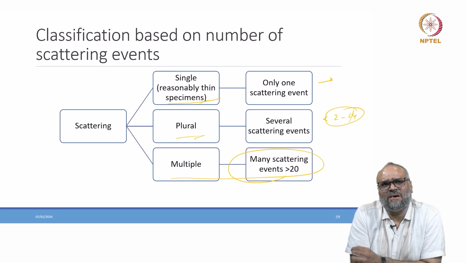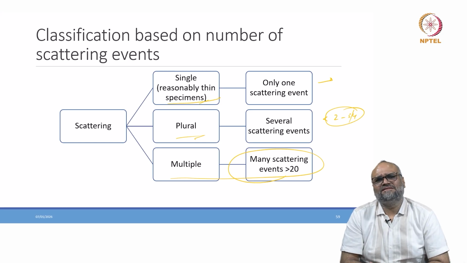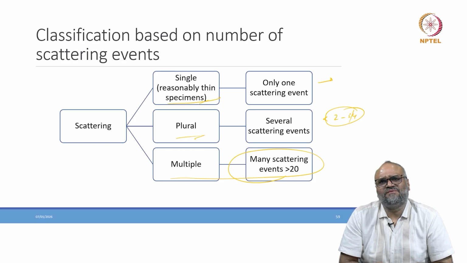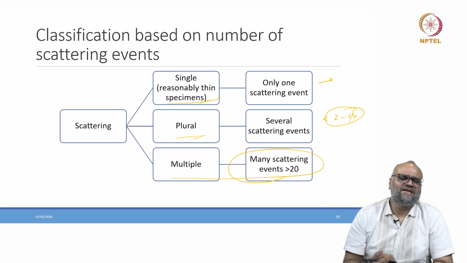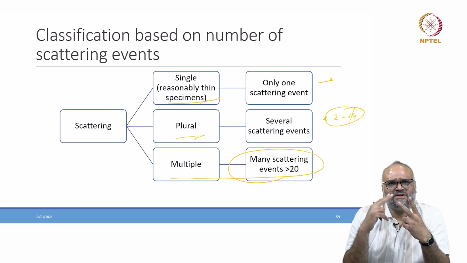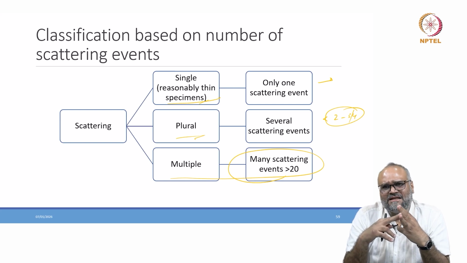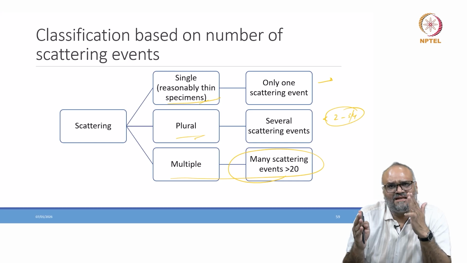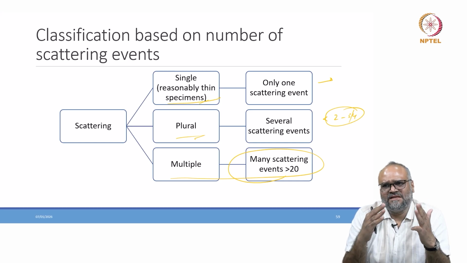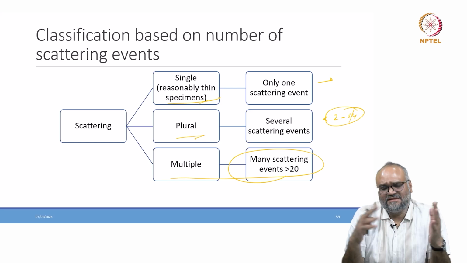Most charged particles which are interacting with matter, you can still quantify them based on these scattering classifications. So scattering based on energy, based on angle of scatter, based on the wave or the particle nature, which in my opinion should not be distinguished. They are two sides of the same coin, or based on the number of scattering events.